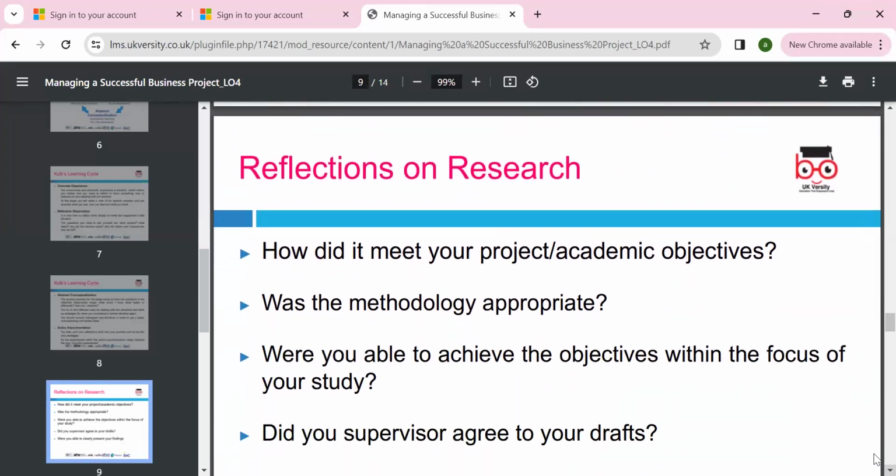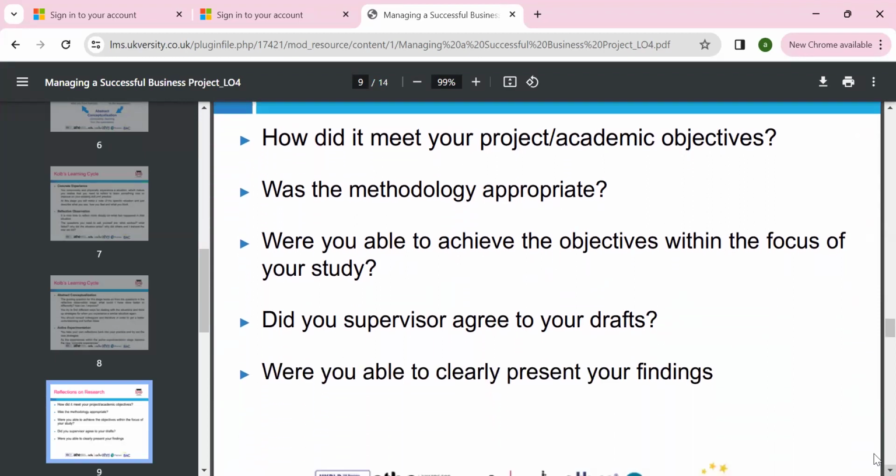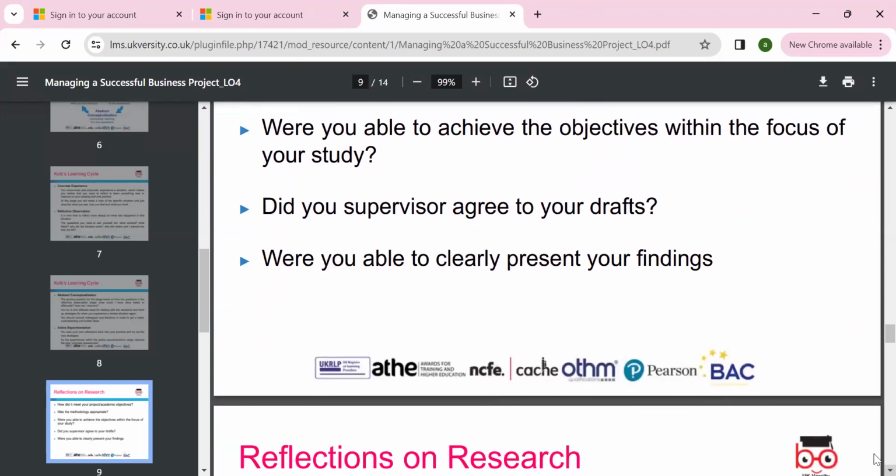So we can look at reflections on research: how did it meet your project's academic objective, were the methodologies appropriate, were you able to achieve the objective within the focus of your study? Did your supervisor agree your draft? If you have a research project, that can be a reflection. Were you able to clearly present your findings?